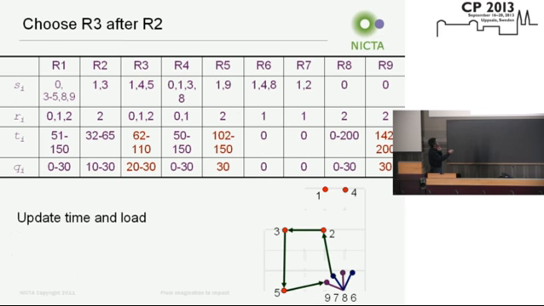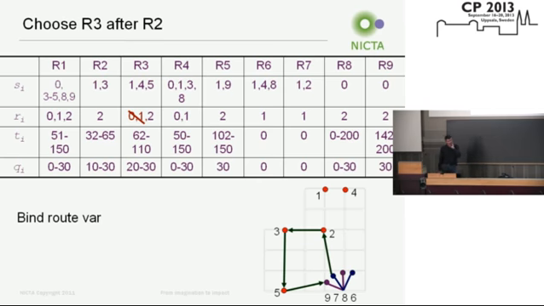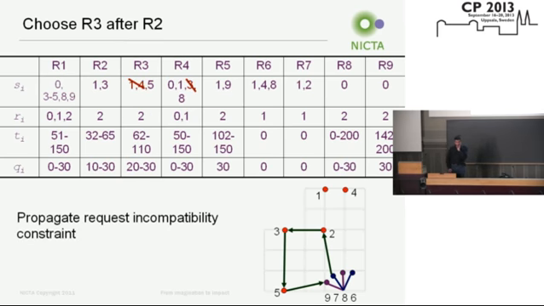And so I can update these times as well. And bind the route variable, propagate the request incompatibility. So once again, because I've now put 3 in here, 3 goes out of the successors of 4, and I can no longer have 4 as a successor for 3, because that would put it on the same route.